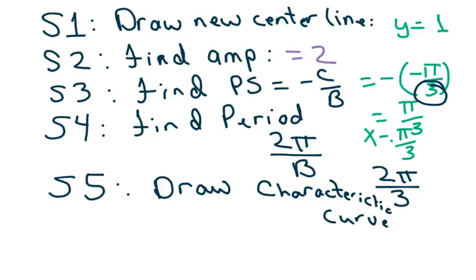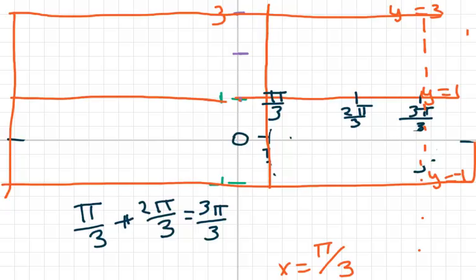All right, so I'm going to draw the characteristic curve. I'm starting here. It's cosine, so I have to start here. And I also have values here that I haven't figured out yet, and we're going to do that in a minute. But I'm going to draw the characteristic curve, which is dot, dot, dot, dot, dot, and make it curvy.